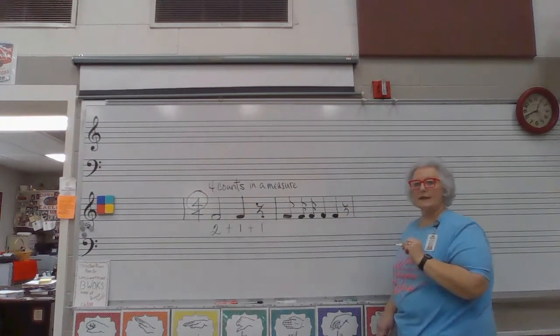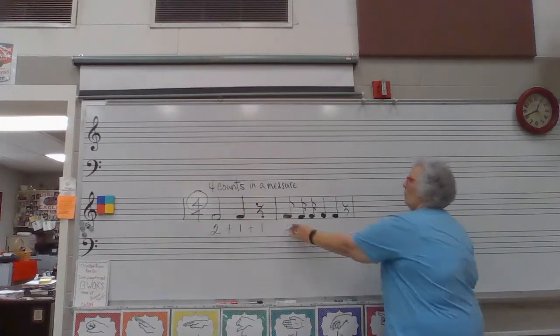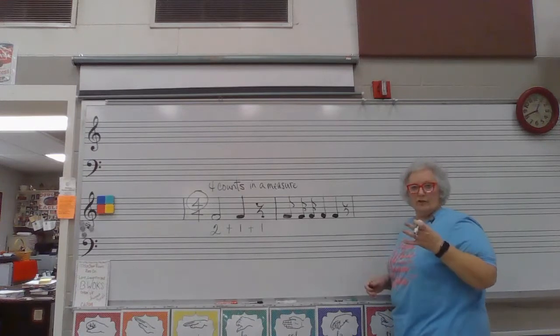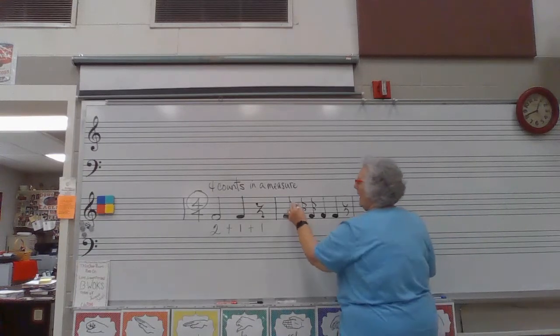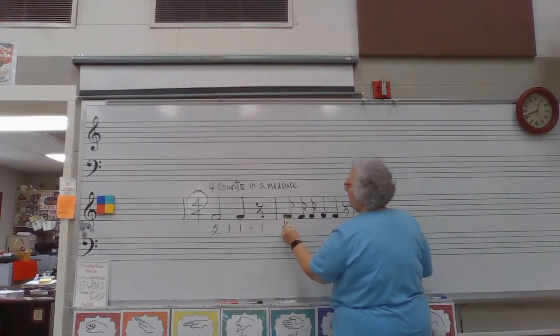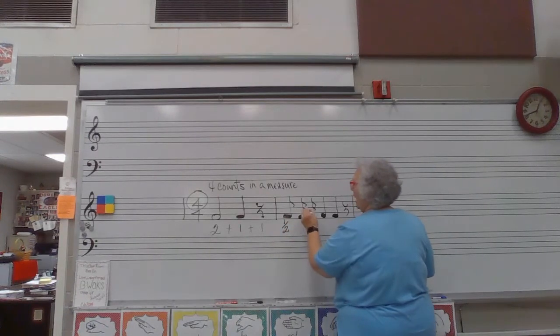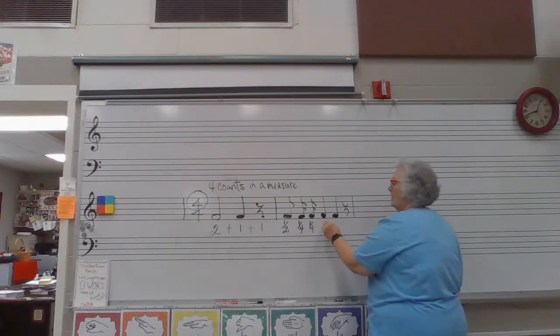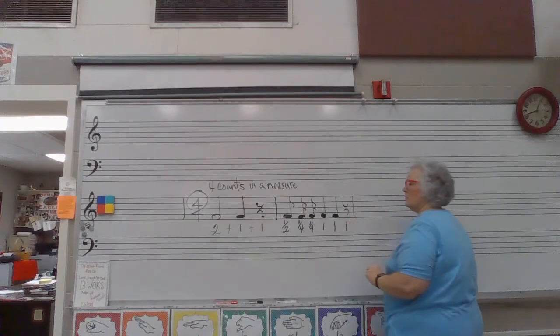All right, let's look at this. Because we've got 1, 2, 3, 4, 5, 6 different notations here. All right, our 8th note gets a half of a count. Our 16th notes get only a fourth of a count. Our quarter note gets 1 count.